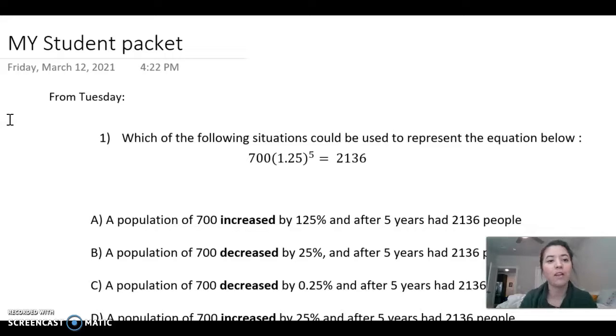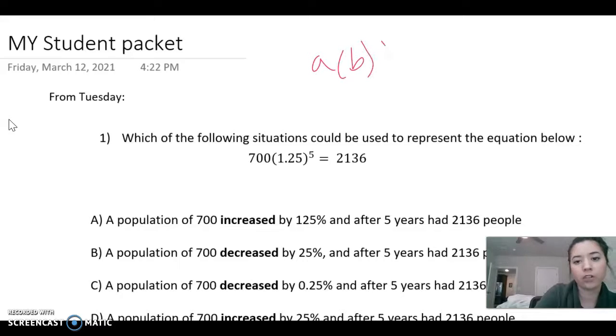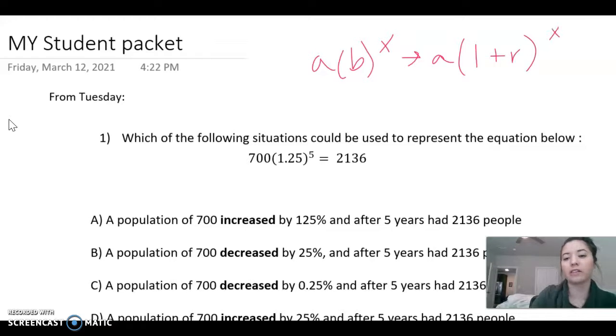Our last one was on exponential growth. For exponential growth, instead of our typical exponential equation looking like this, our exponential equation looked like this, where we were given a percent growth, like 15%.